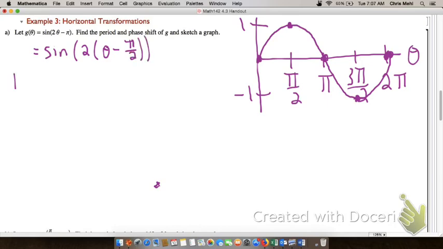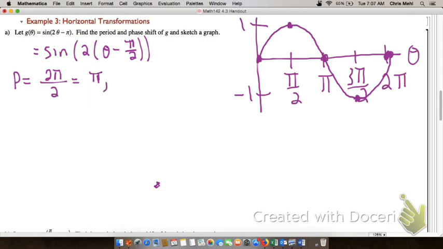So the period, p, is going to be 2 pi divided by the absolute value of a, which is 2, so now the period is pi. That agrees with the fact that when a is 2, it's really a compression by a factor of a half. If you compress an interval of length 2 pi by a half, it becomes an interval of length pi.